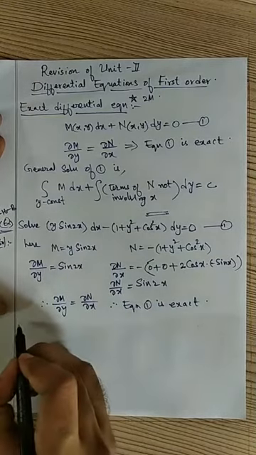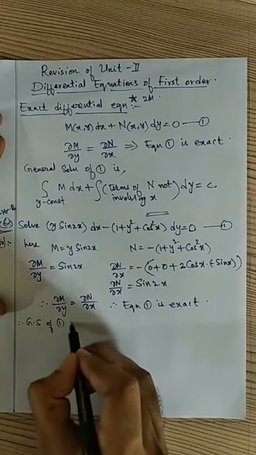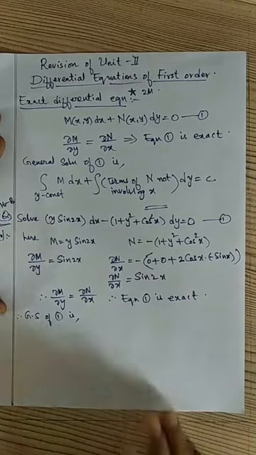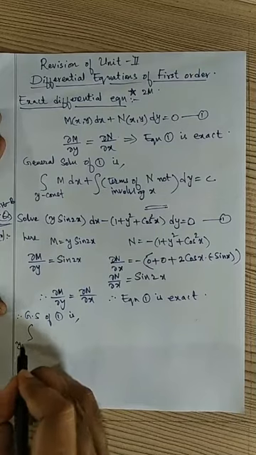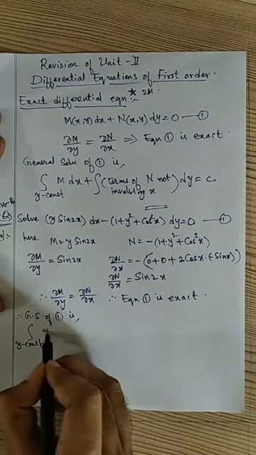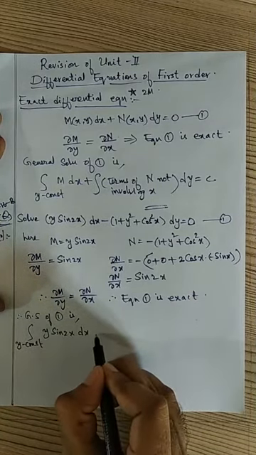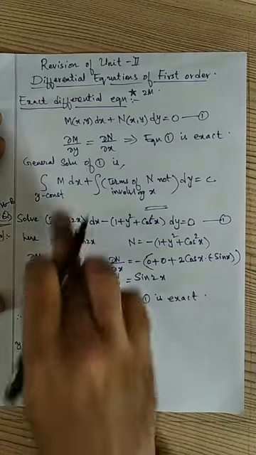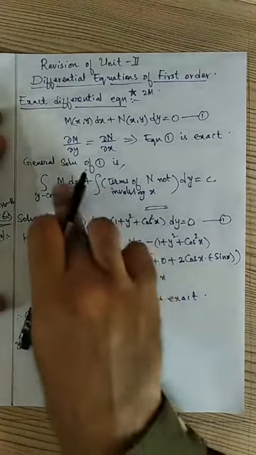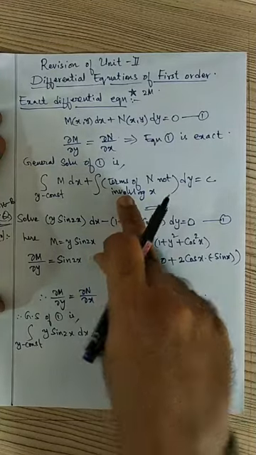Now we have to find the general solution. Therefore the general solution of 1 is the integral, with y constant, of M dx, where M is y sin 2x, into dx, plus the integral of the terms of N not involving x.